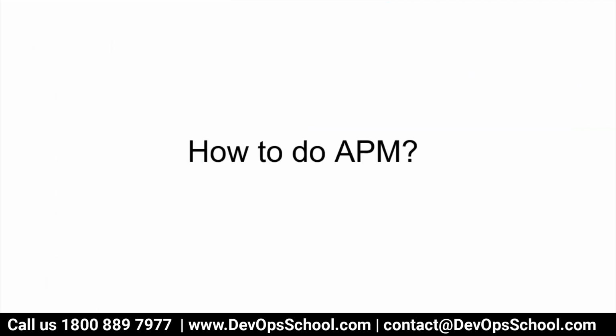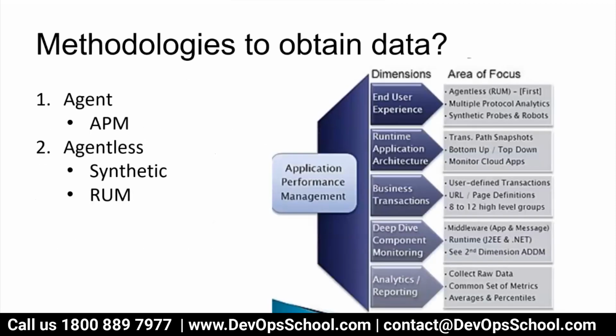Now after understanding why we need to do APM, how to do APM is important. In order to do APM, you need to collect the data. You have to collect the data.